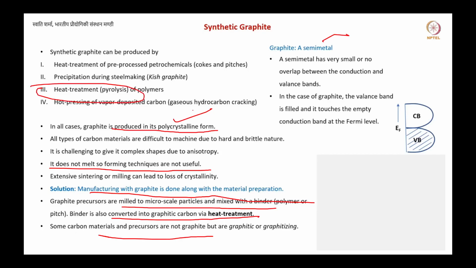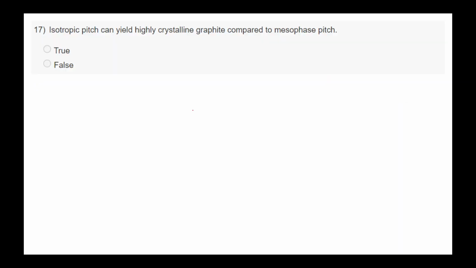Isotropic pitch can yield highly crystalline graphite compared to mesophase pitch. True or false?